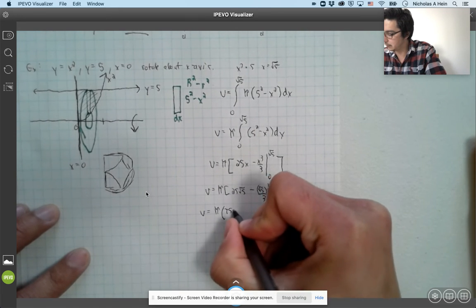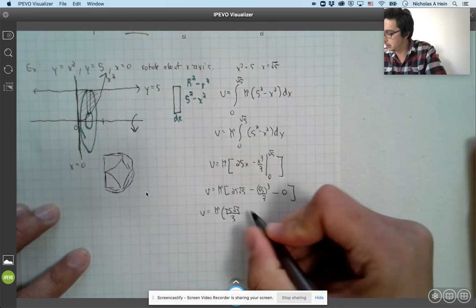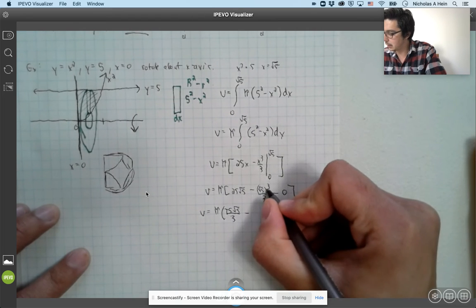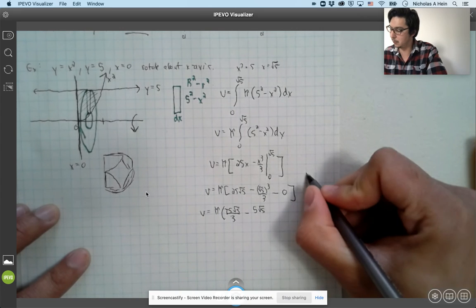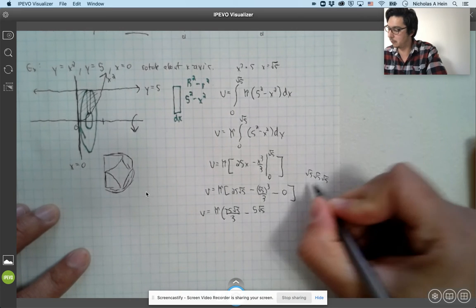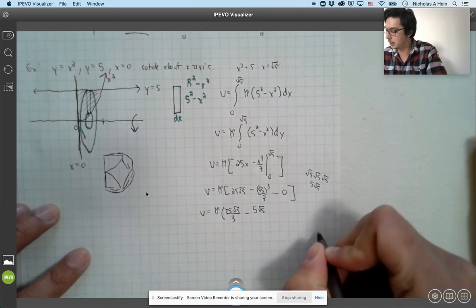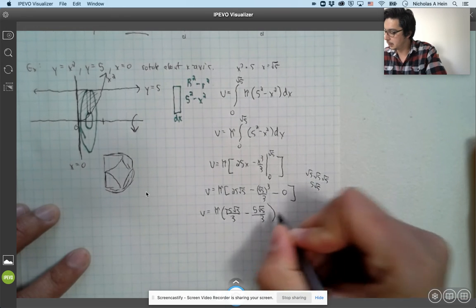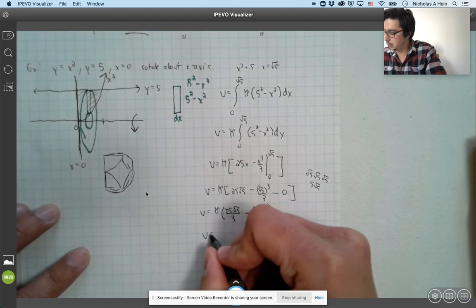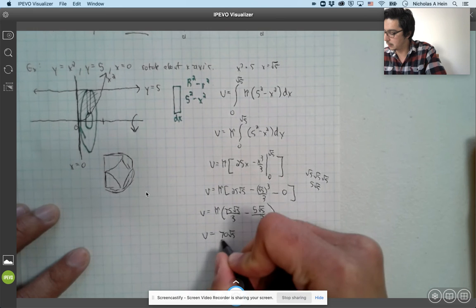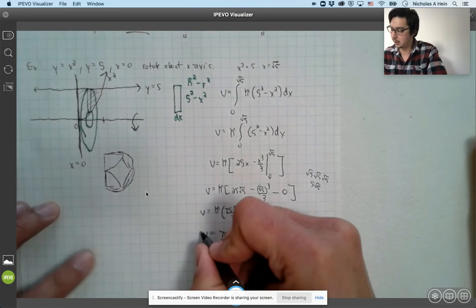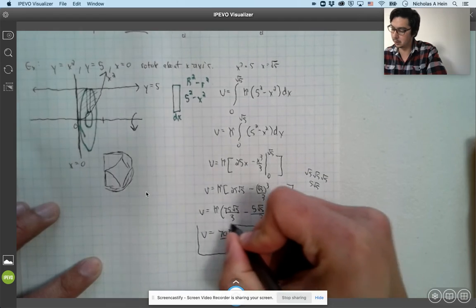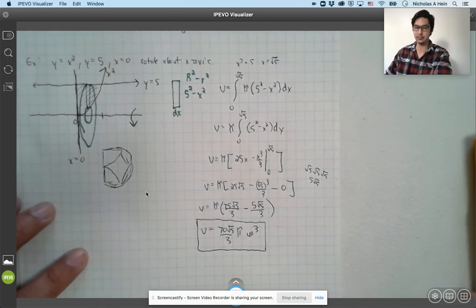This will become 75 root 5 over 3 minus, that will end up making 5 root 5, because root 5 times root 5 times root 5 would be 5 root 5 there, over 3, which simplifies our answer to being 70 root 5 over 3 pi units cubed. And there's the volume there using the washer technique.